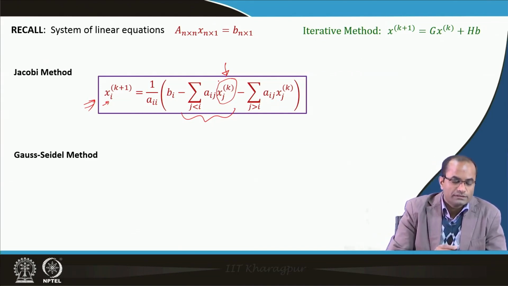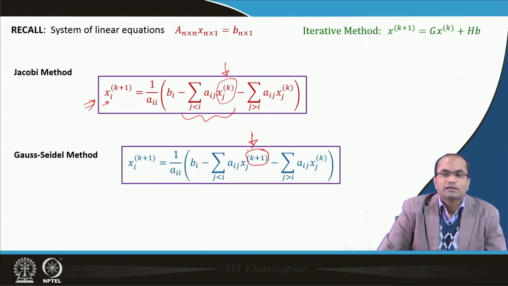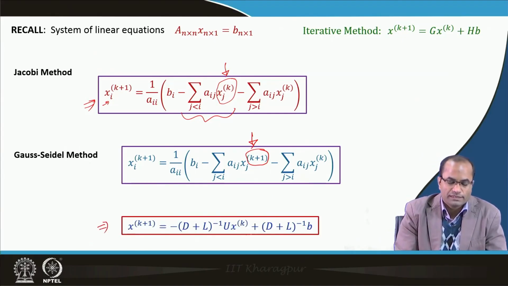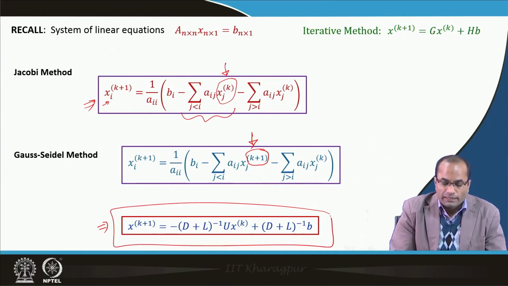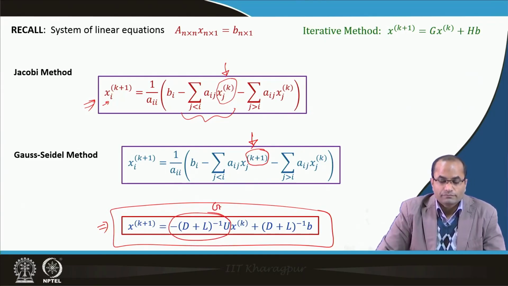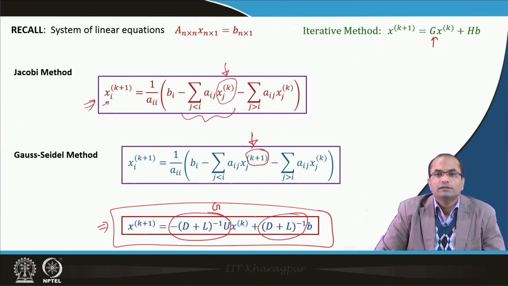So, the only difference for the Gauss-Seidel is that this k will be replaced by k plus 1, and as a result, as we have also seen in the previous lecture, this vector matrix form will take the following manner: x k plus 1 is equal to minus (D plus L) inverse multiplied by U. That will be the iteration matrix G for the Gauss-Seidel method, and then here also (D plus L) inverse will come with b.